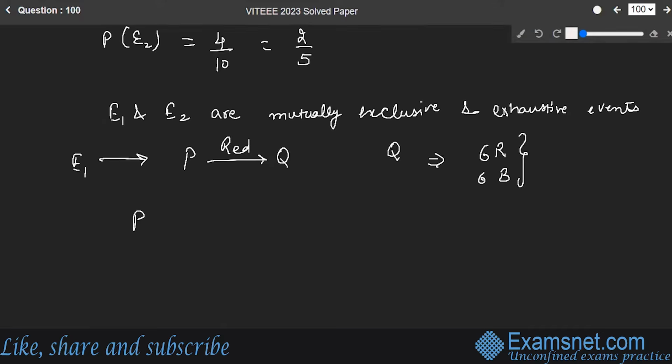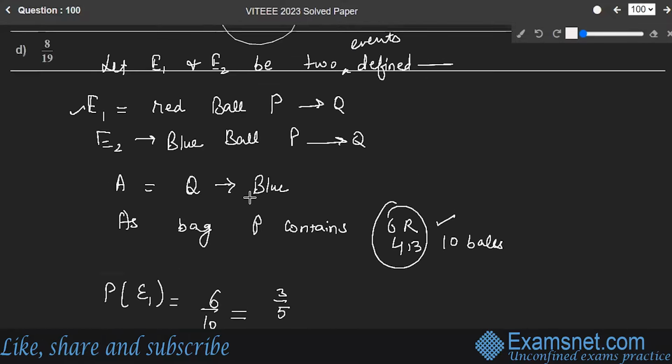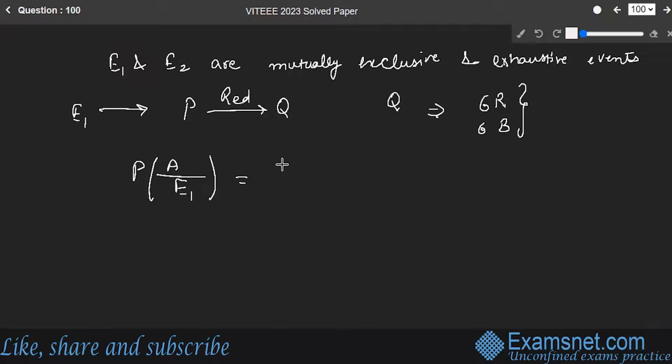So the probability that the ball withdrawn from the Q bag is blue is given by probability of A upon E1. That is equal to 6, how many blue balls are there in this? There are 6 blue balls. So in this case, it will be given by 6 upon 12. So that is equal to 1 by 2.